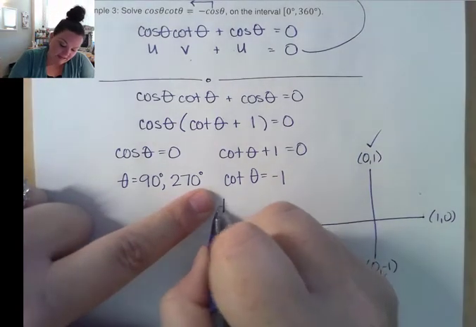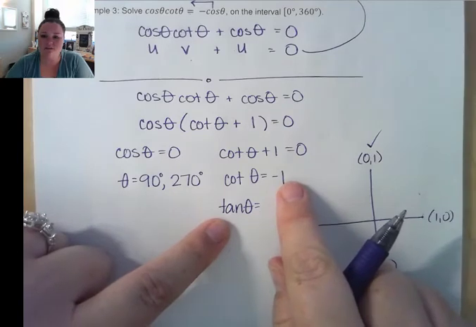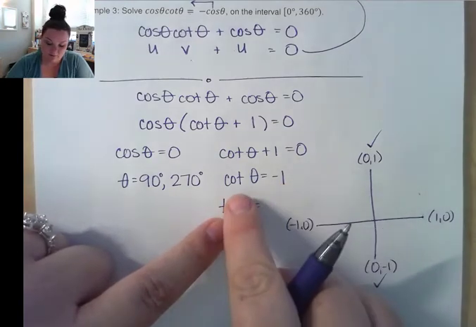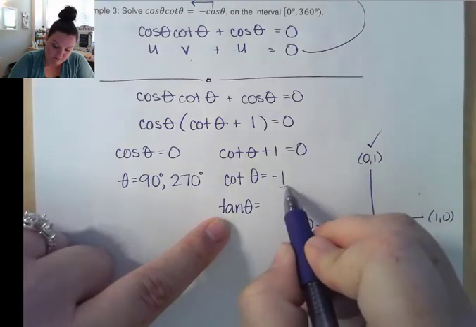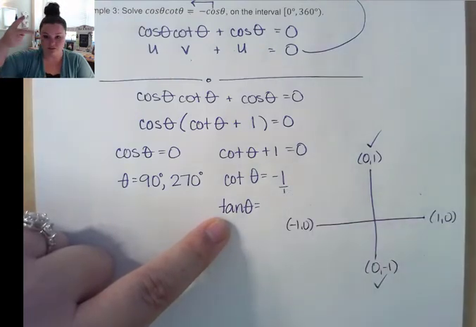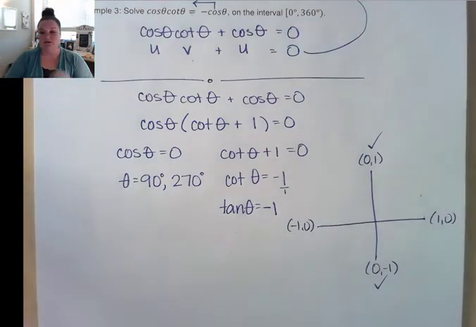Tangent and cotangent are reciprocals, so if I want to go from cotangent to tangent, I could rewrite this as negative 1 over 1, and then just take the reciprocal. I get 1 over negative 1, which is still negative 1. So that helps me a little bit.